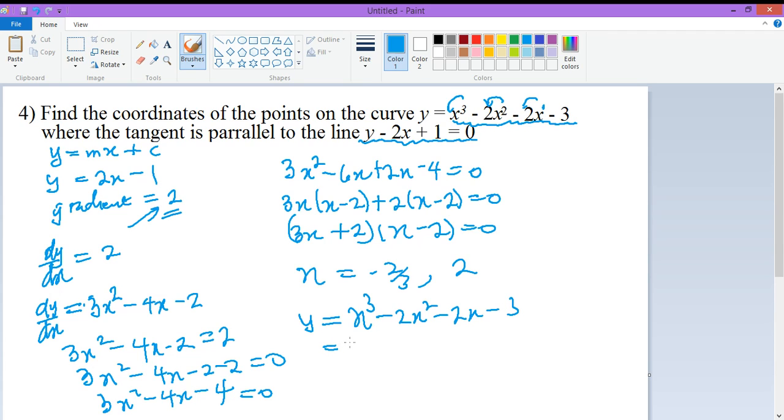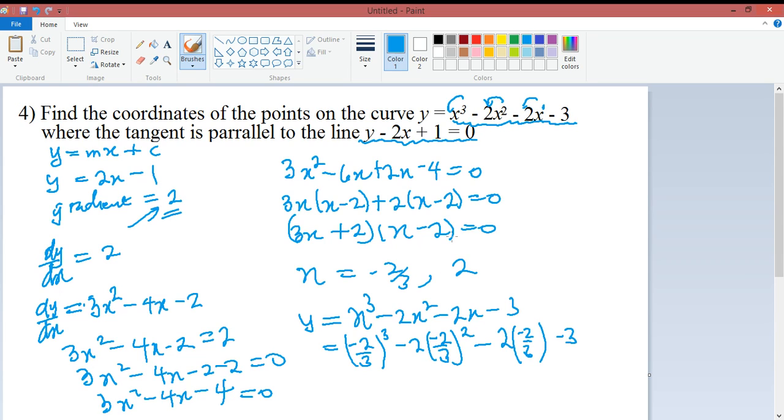I'm just rewriting the equation. When x is equal to negative 2 over 3, we'll have minus 2 over 3, all raised to the power 3, then minus 2 times minus 2 over 3, all raised to the power 2, then minus 2 into brackets minus 2 over 3, then minus 3.